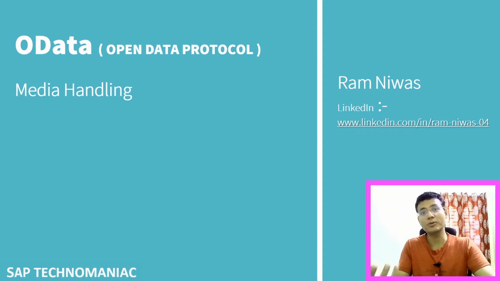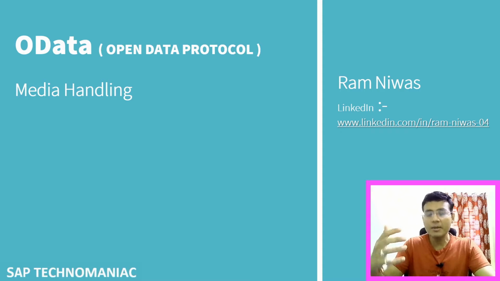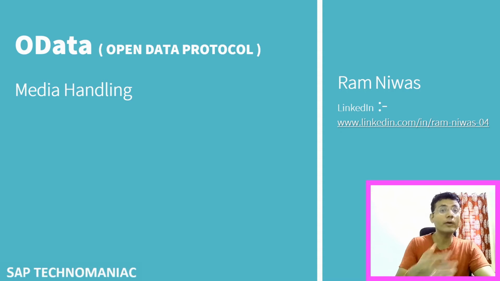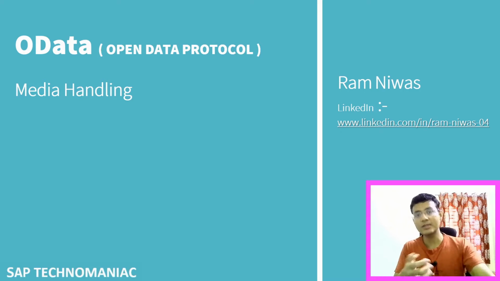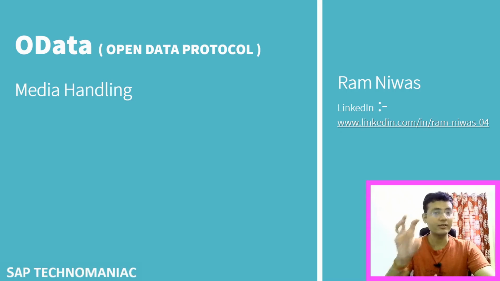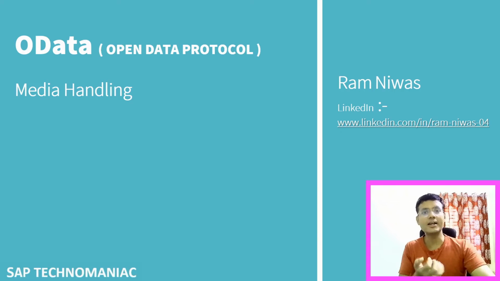So on the front end side, we want to save the images whatever the user uploads, or get the images from the backend system and display them. For example, sometimes we want to display the logo on the website.